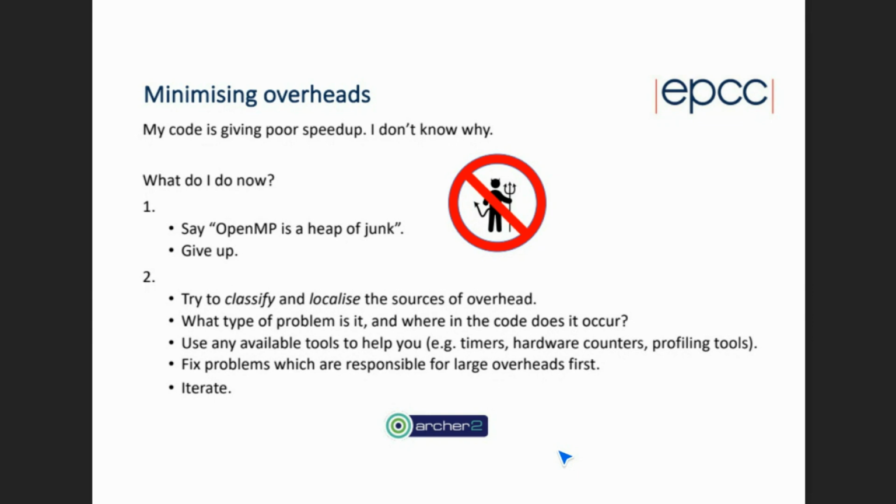Then fix the problems which are responsible for the large overheads first. So if you can not only classify and localize it, but also quantify it, you figure out which are the really bad problems and which are the minor problems, and concentrate on the big problems.